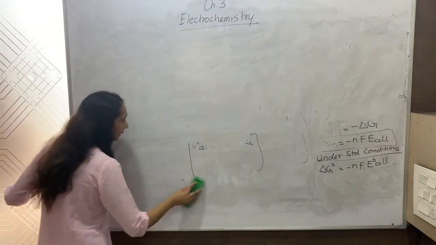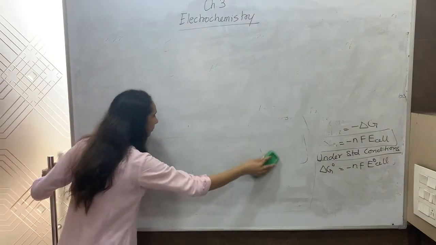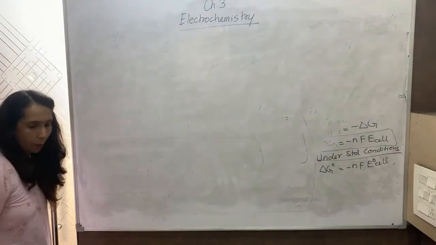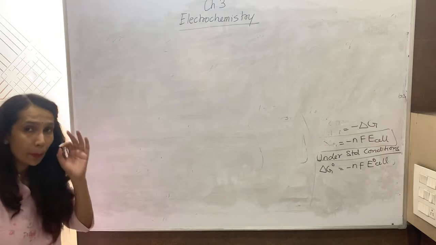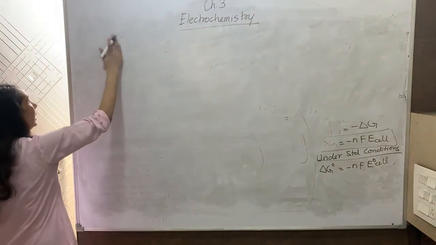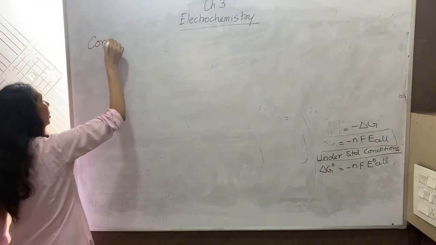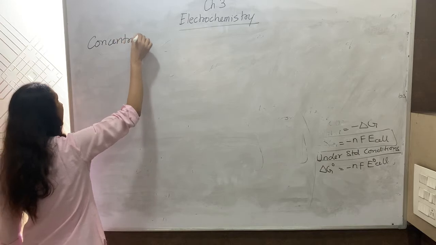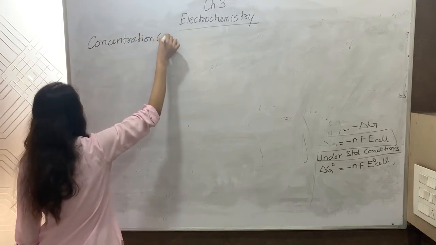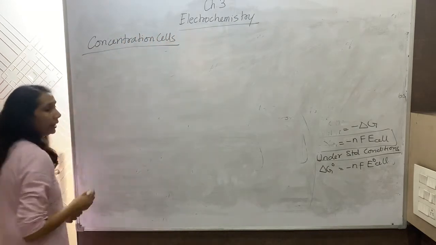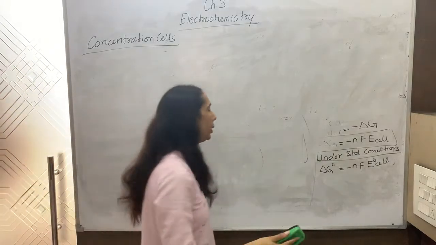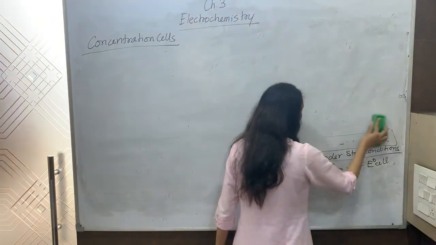Now we come up with another topic, one specific type of galvanic cell, and that is called concentration cells. It is a type of galvanic cell only. Galvanic cell means chemical energy is converted into electrical energy.